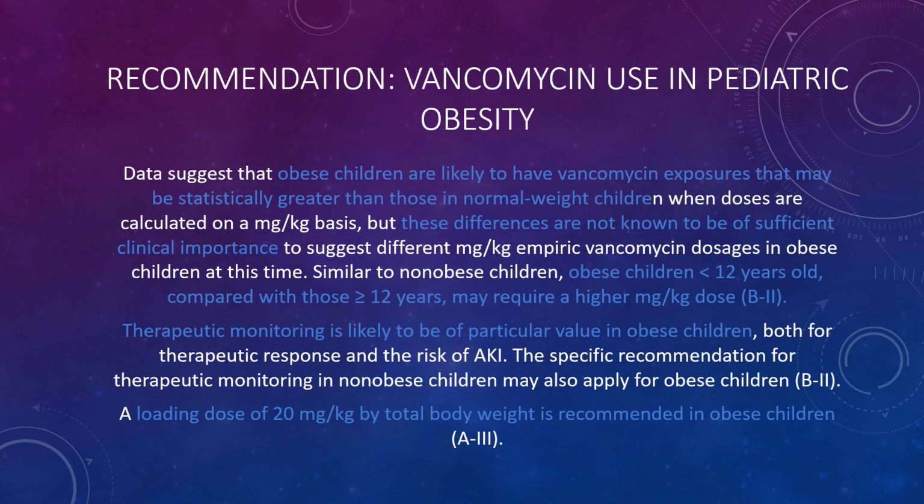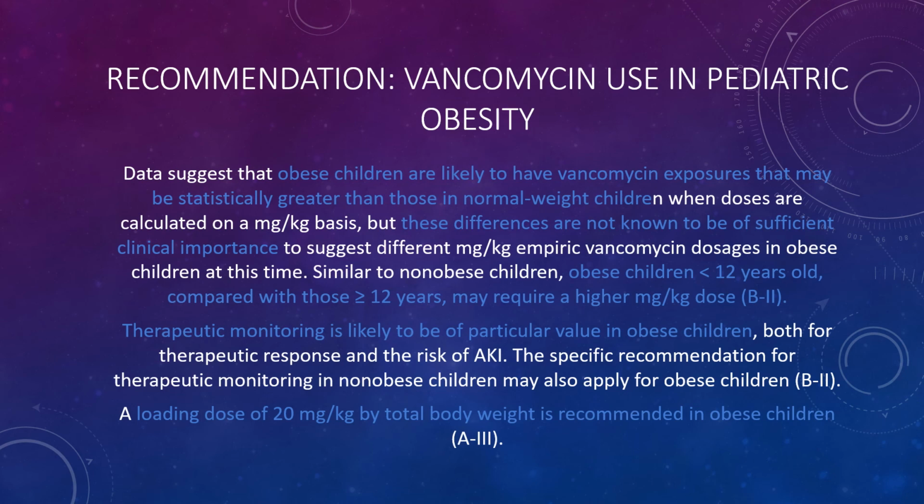This leads to the recommendation that obese children are likely to have vancomycin exposure that may be statistically greater than those in normal weight children. These differences are not known to be of sufficient clinical importance, and therefore obese children less than 12 compared to those greater than or equal to 12 may require a higher mg per kg per dose.